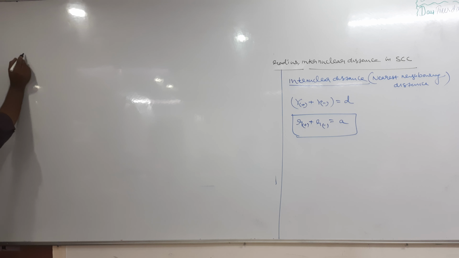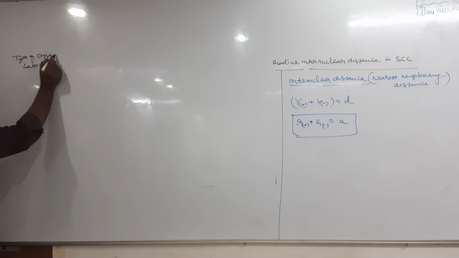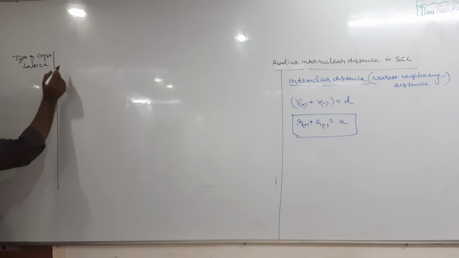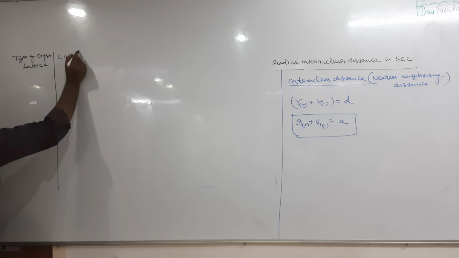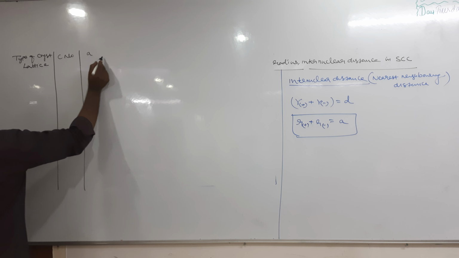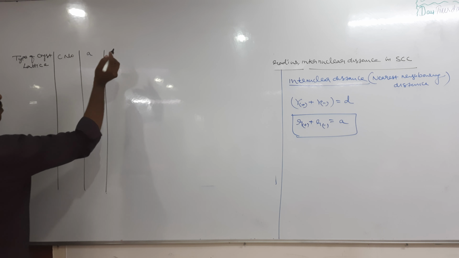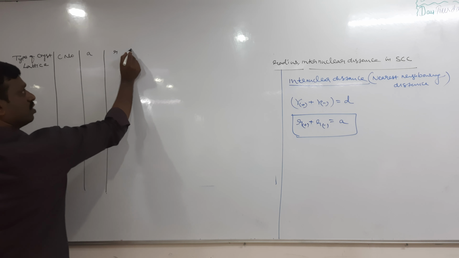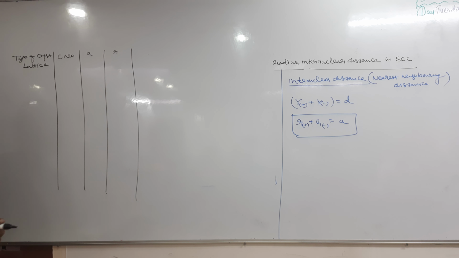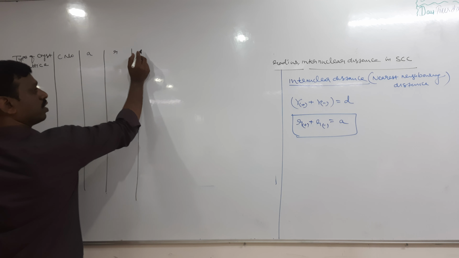Take here, first column, type of crystal lattice, second column coordination number, third column edge length, fourth column radius of particle, fifth column internuclear distance.